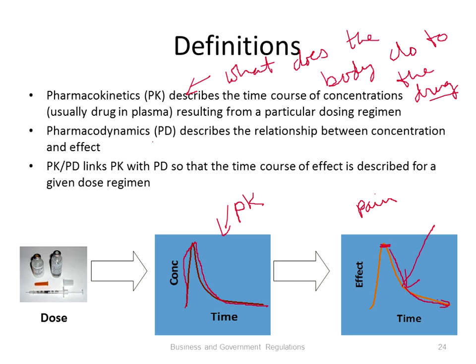So this testing of the effect of the drug on the body is pharmacodynamics. So is this clear, the difference between PK and PD, pharmacokinetics and pharmacodynamics? Pharmacokinetics is a look at what's happening to the drug in the body over time.